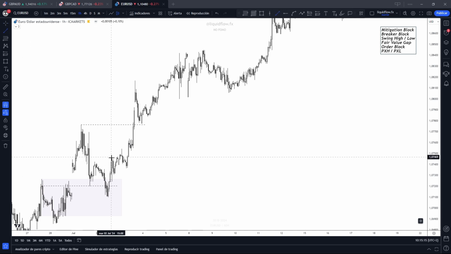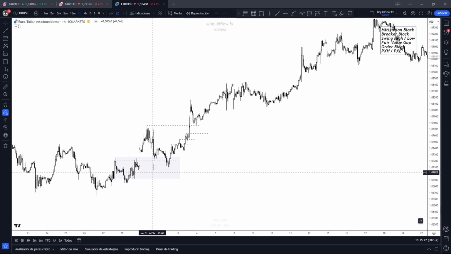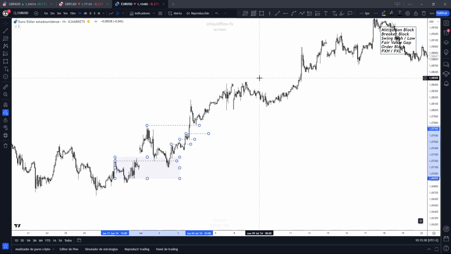You have this one, you have this one, and you create that new one. So when we have a trend, usually we want to see how the market reacts inside of that mitigation block or that mitigation area.